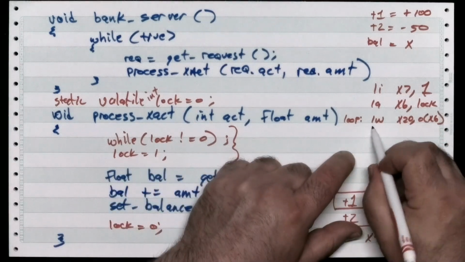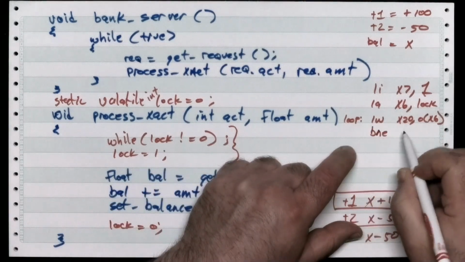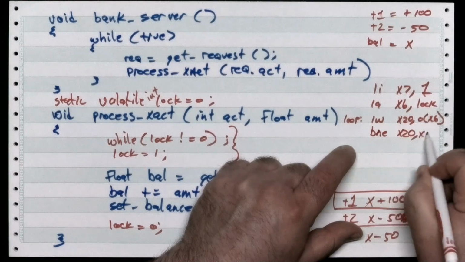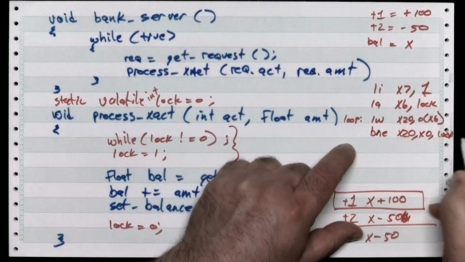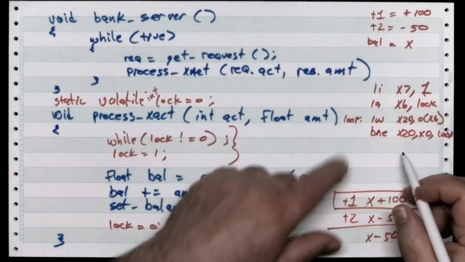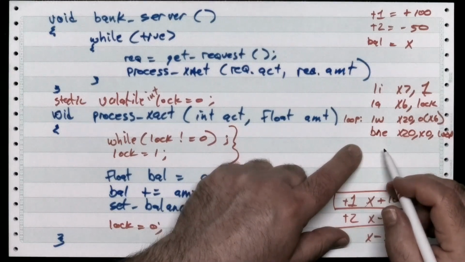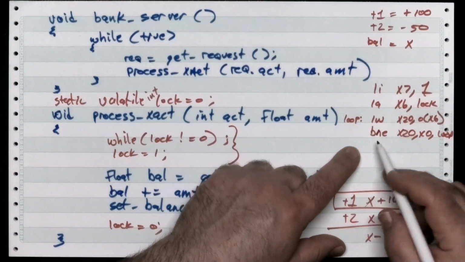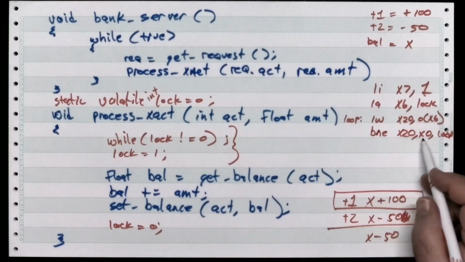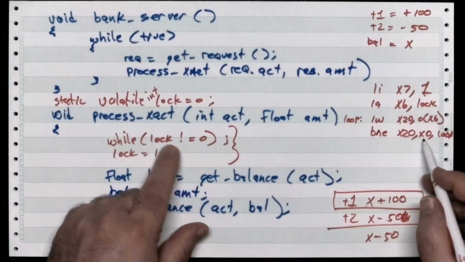So branch not equal, X20, X0, comma loop. Oh no, I'm running out of room here. Then what happens? You would fall out of this thing. If X20 ever was equal to 0, the loop would exit.